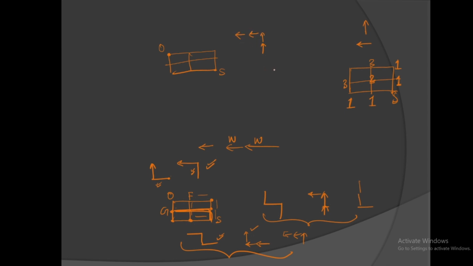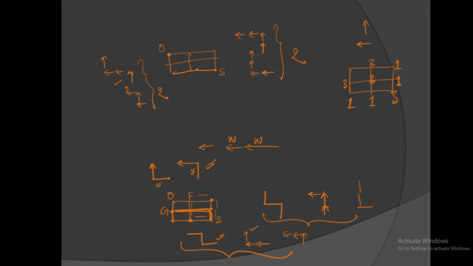This is valid. Left movement, upward movement, upward movement. Two valid cases, and then upward movement, left movement, and upward movement. Three valid cases. Then left movement, upward movement, left movement, then upward movement. We have again two valid cases.